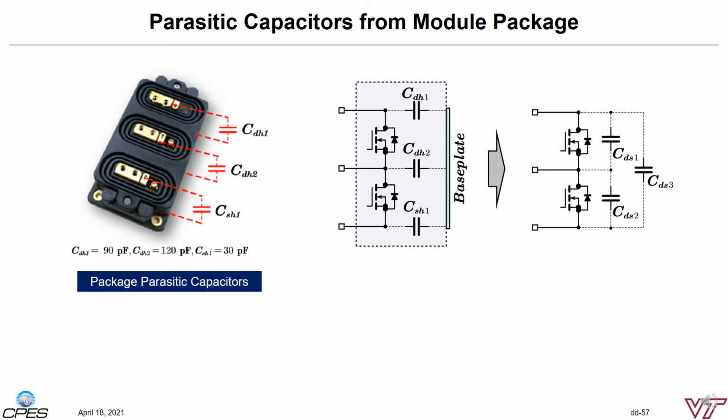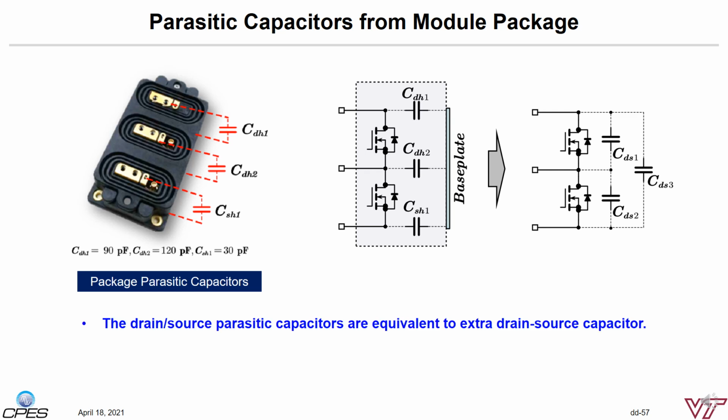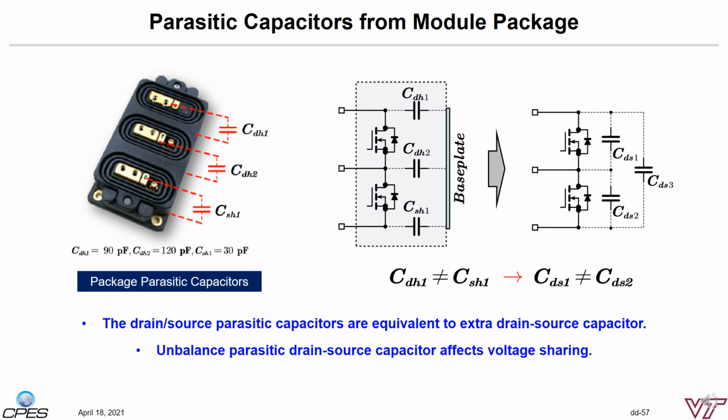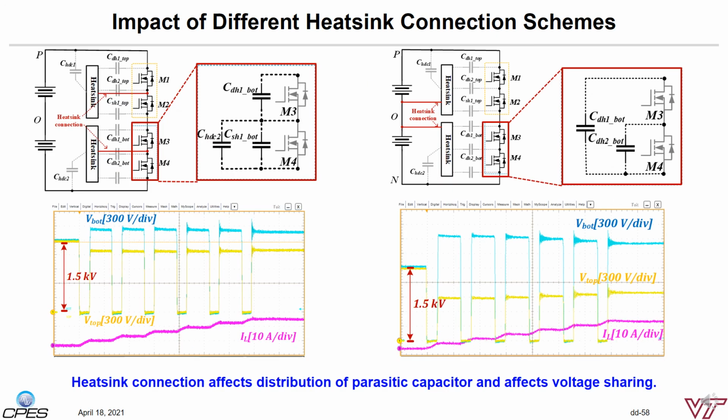It clearly shows that these drain-source terminal to base plate parasitic capacitors are equivalent to paralleling additional capacitors with the devices. Therefore, if these capacitors are different, we can always cause unbalanced voltage sharing during the turn-off process, even if we put the two ideal switches with ideal gate drivers.